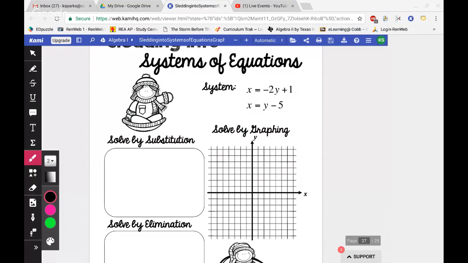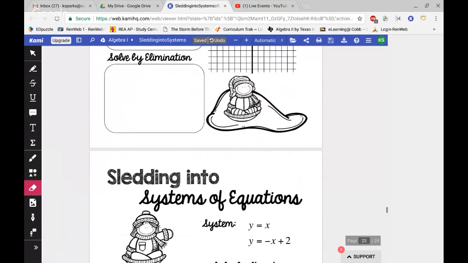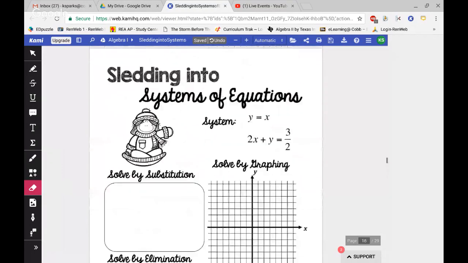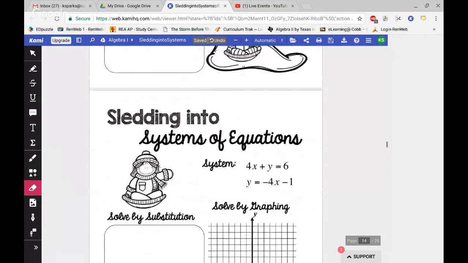I always forget that you have to be in a certain mode to make this one move. You can see where I've already written on this packet before.